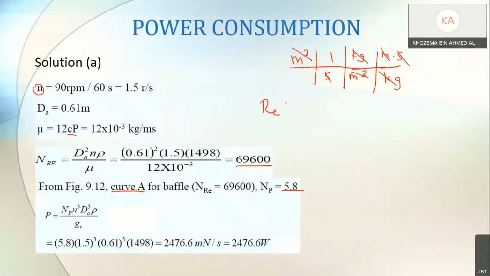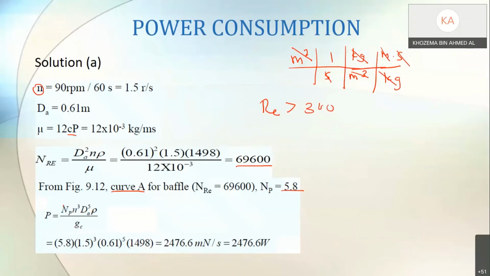So now that I have gotten the value of power number, and since my Re is greater than 300, right? It is greater than 300, but my tank is baffled. So there is no need for me to find the Froude number, because for a baffled tank, the Froude number effect is neglected. So I can straight away use the equation for P. I know the value of NP, which is 5.8. I know the value of N, which is 1.5. dA is 0.61. Rho is 1498.